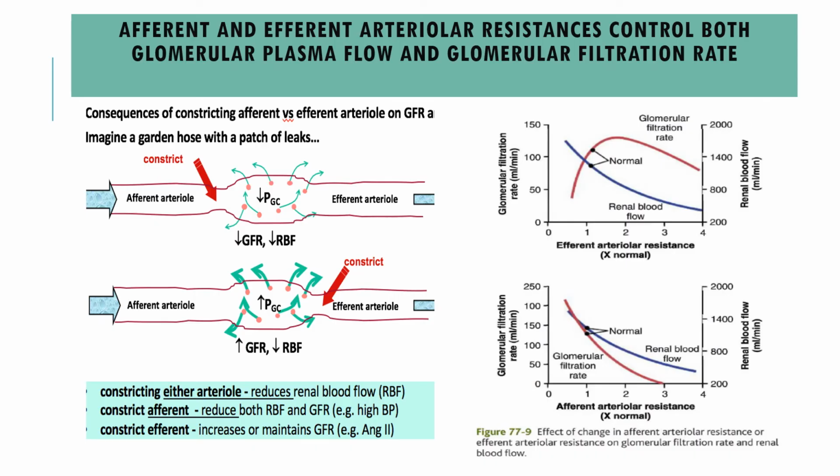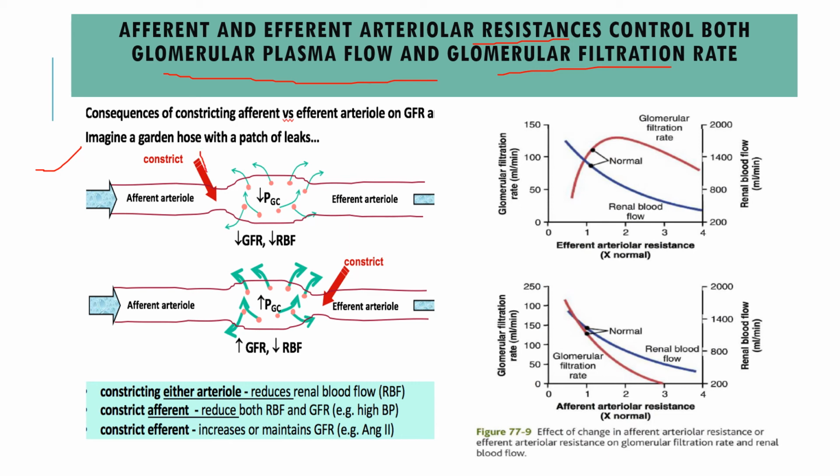So from this picture we can say afferent and efferent arteriolar resistance control both the glomerular plasma flow and the glomerular filtration rate. Now this figure shows the constriction of the afferent arteriole.